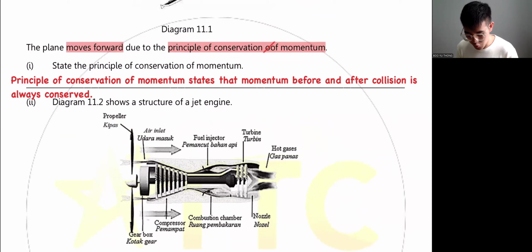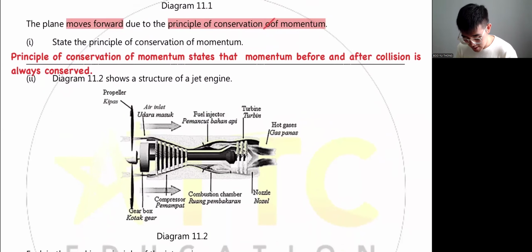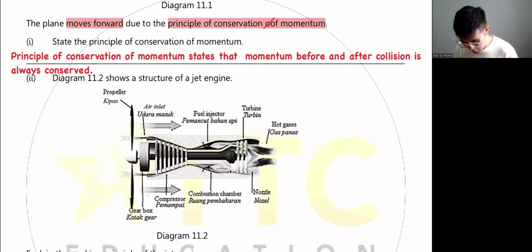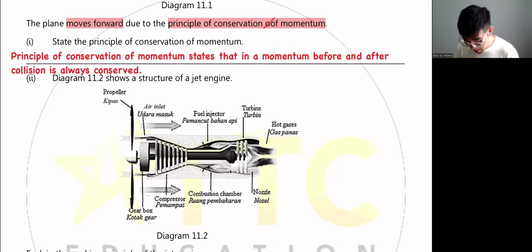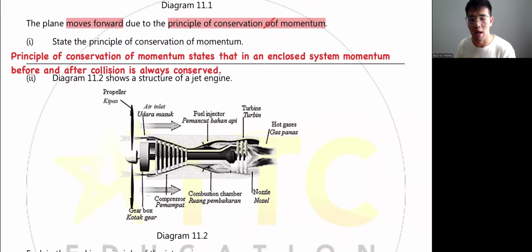So before that, you should say that the principle of conservation of momentum states that in an enclosed system, so system is also known as the environment. That means the environment of the object. For example, like the jet engine, you see the diagram below that. So in an enclosed system means you shouldn't have any external force acting on the object.